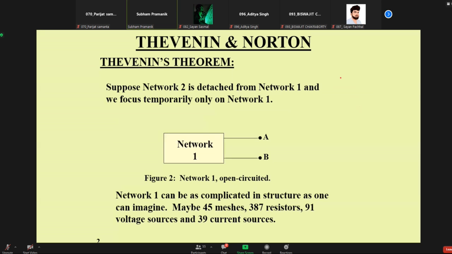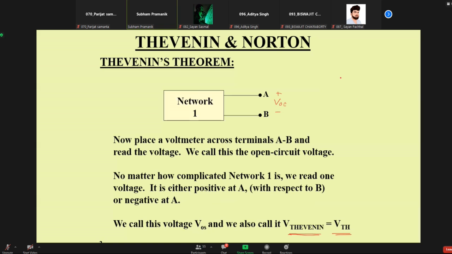Network 1 can have any complicated structure. Even if nothing has been mentioned, you can just deal with this. If you have a voltmeter and a multimeter, you can always measure the open circuit voltage across these two terminals AB, and you can always measure the impedance viewed from there.